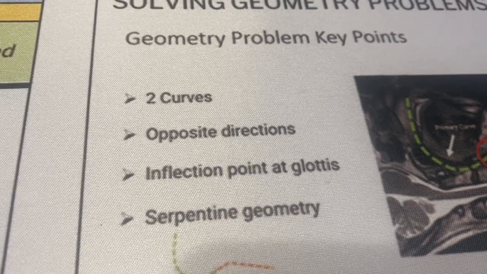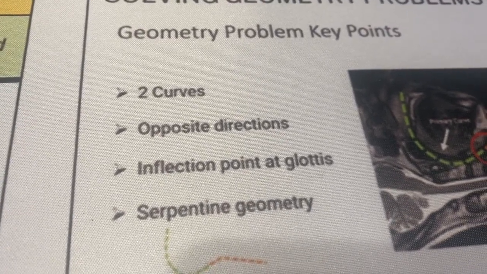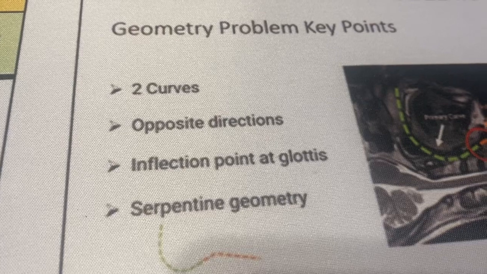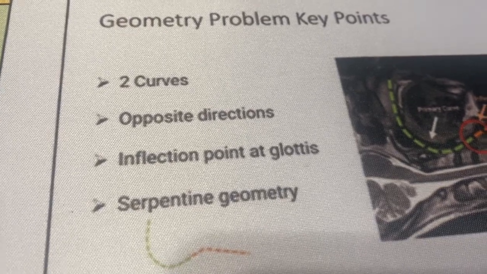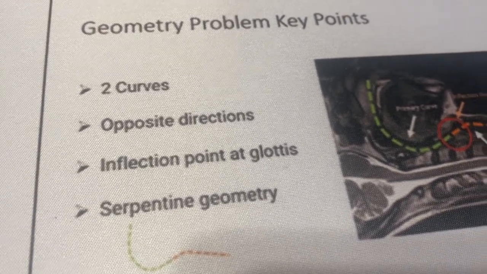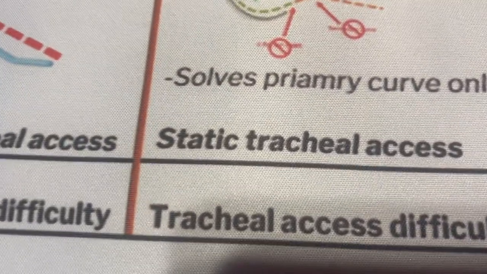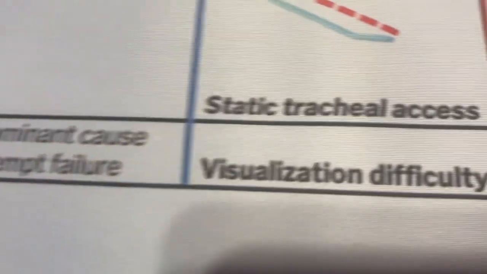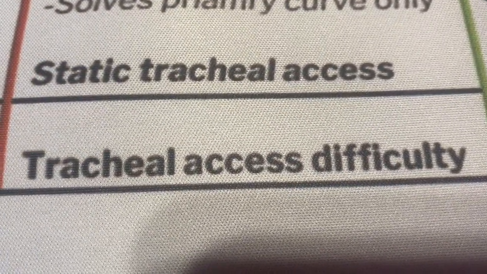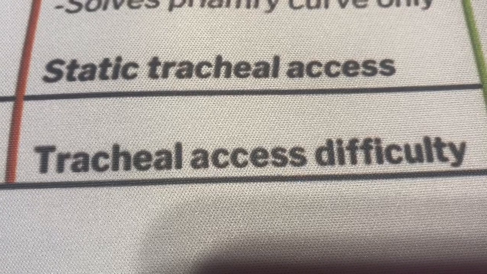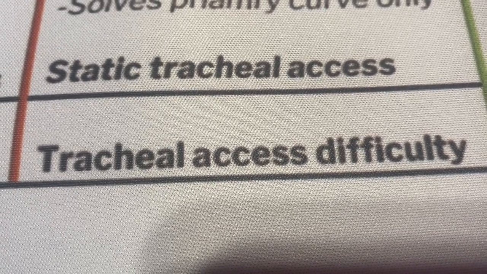Primary curve anterior, secondary curve posterior, inflection point between the two where we need to change directions. So now the predominant cause of intubation failure is no longer visualization, it's tracheal access, okay? So the DL systems fail because of visualization.